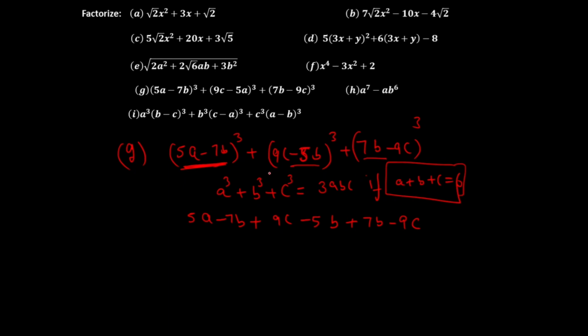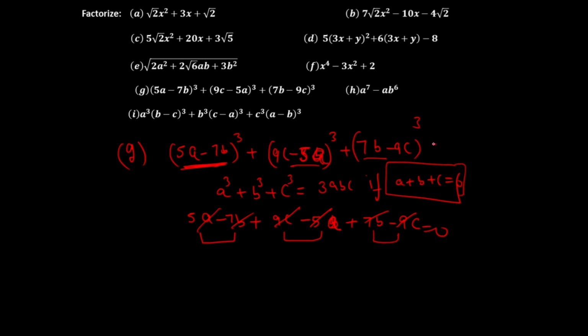Something went wrong in the question, I guess. This was 9c minus 5a. This is a. Alright, and this is correct. So this is 5a. Now 5a got cancelled, 9c got cancelled, this got cancelled. So what I proved? I proved a plus b plus c equal to 0. It means their cube will be equal to 3 times abc.